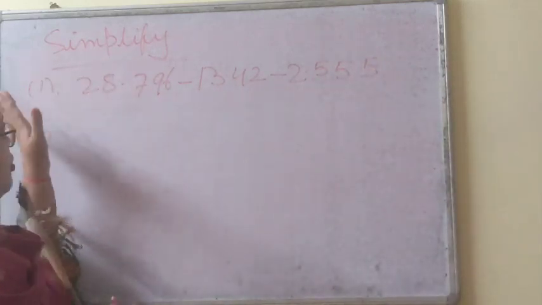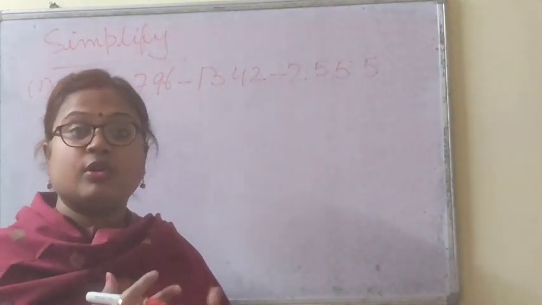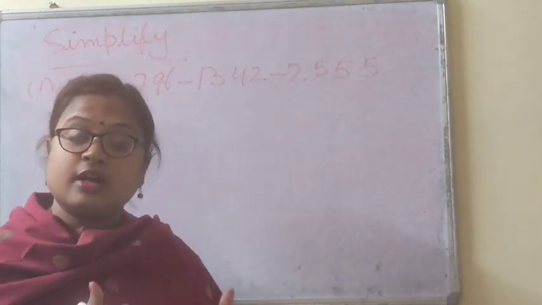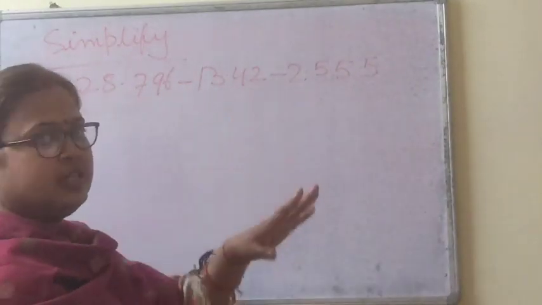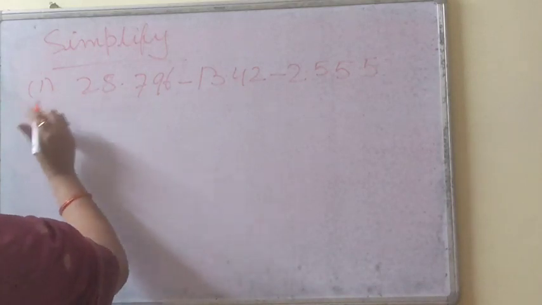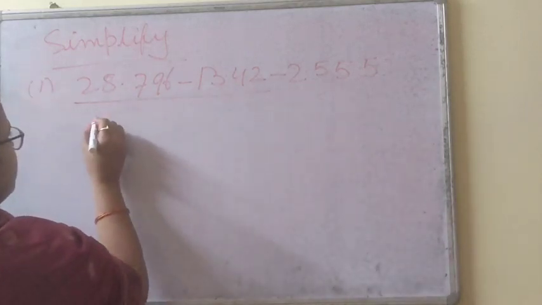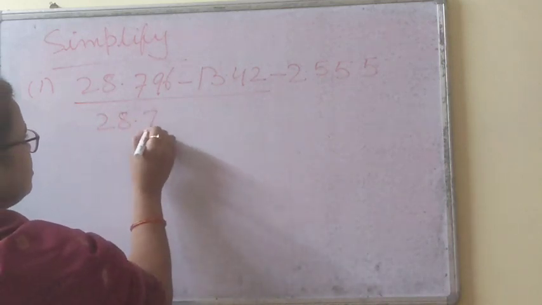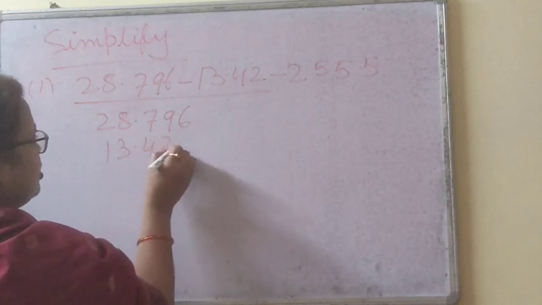How will we solve? When you get this type of question, first you see what you have to do. Which signs are present here? So here only 2 minus signs are present. Clear? So first what we will do? We will subtract this part. So we will write 28.796 and then 13.42.